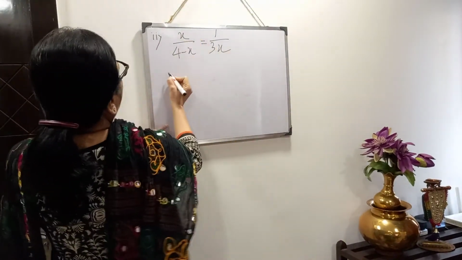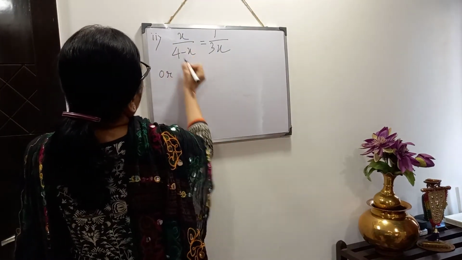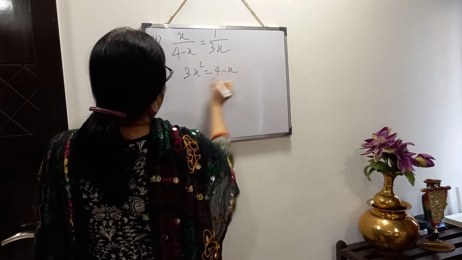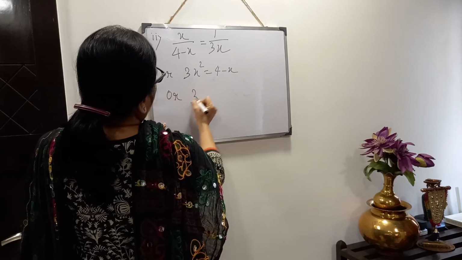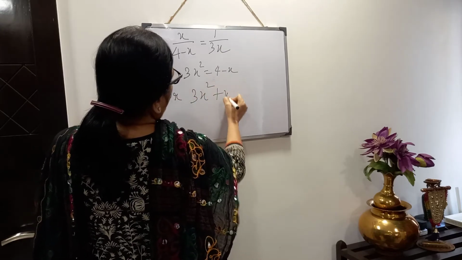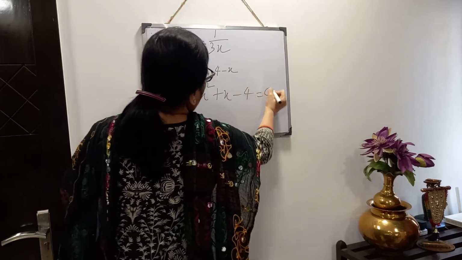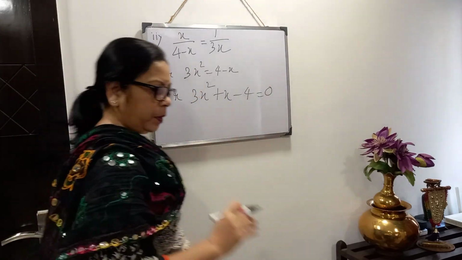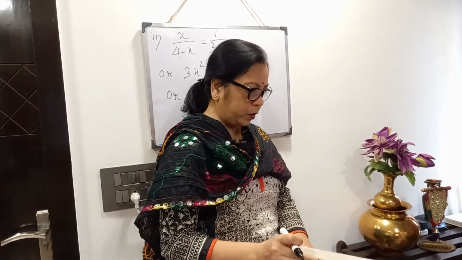Okay. Now first cross multiply. 3x square equals to 4 minus x, or 3x square plus x minus 4 equals to 0. Now this is the general form of quadratic equation. Okay, first part is over.